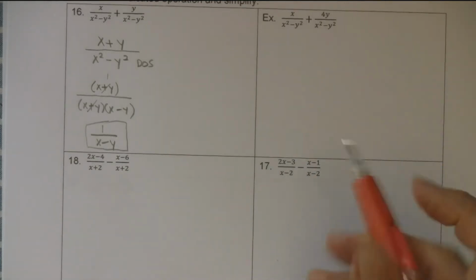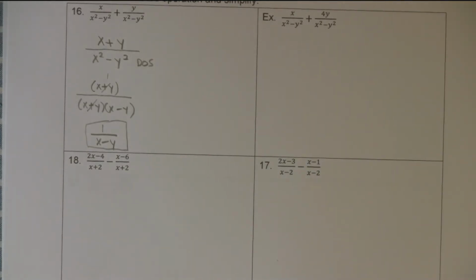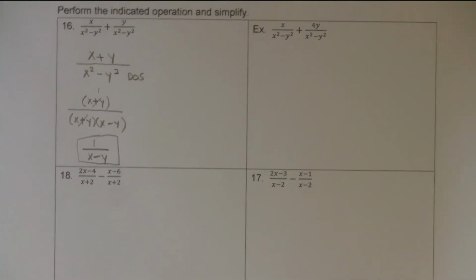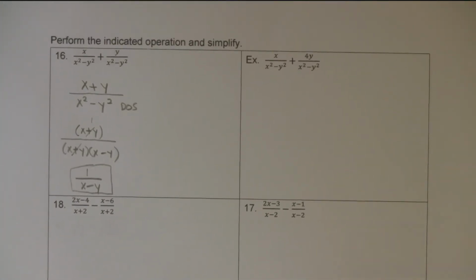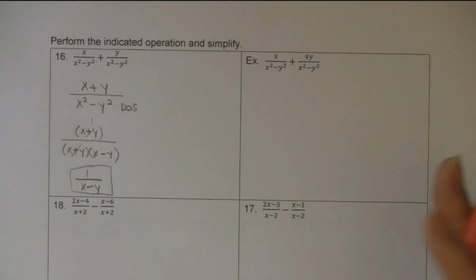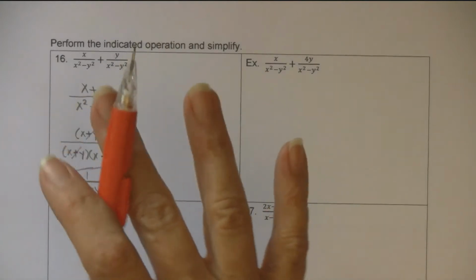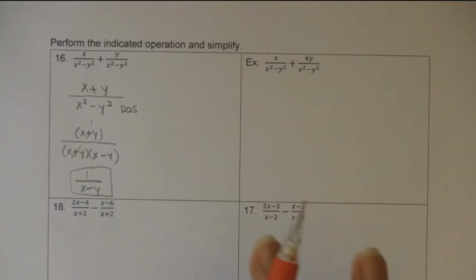I wanted this example right here because a lot of them do reduce, and I wanted you to see that they don't all reduce. In a certain section, it's like they all reduce, and in a certain section, they all don't reduce.